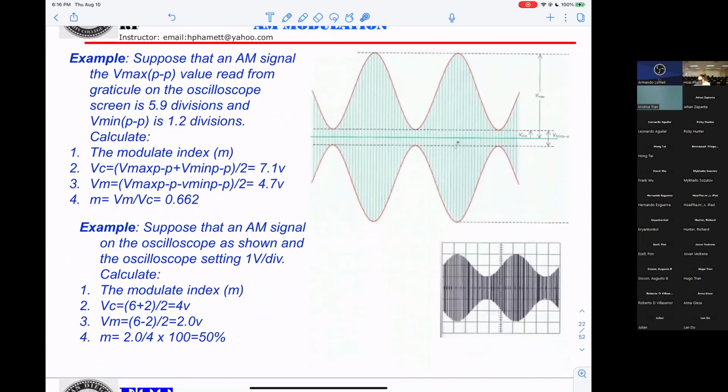Now, this is a signal coming out of the modulator. First thing, in this signal here, you get 2 signals. One will be your voice, and one will be the carrier. Okay? This is your voice right here.